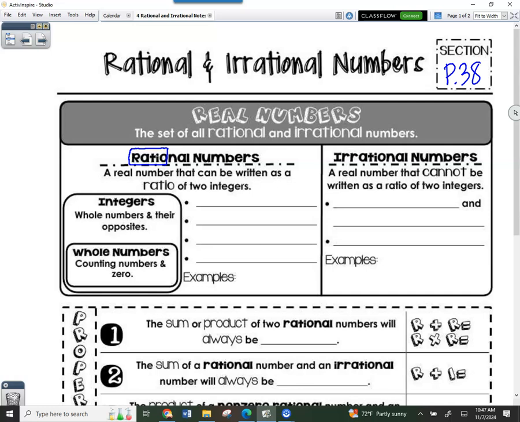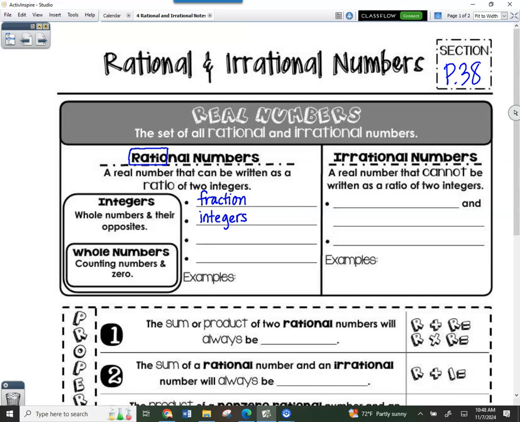If I'm writing, you should be writing. So it is any number that can be written as a fraction. So it might already be a fraction. If it is, then it's definitely rational. It could be an integer. An integer is a pretty number. I'll say integers. An integer is a pretty number.